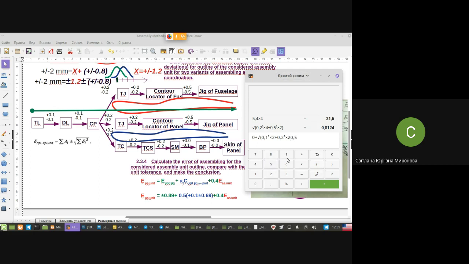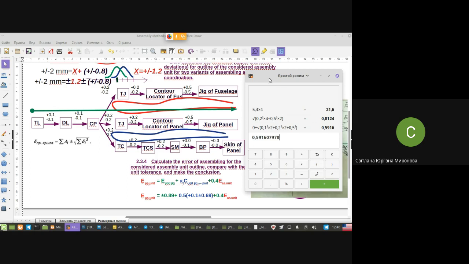Wait, I forgot to insert plus. Square, and we have finished the chain. You see, everything has finished. What is the value? Plus minus 5.9.